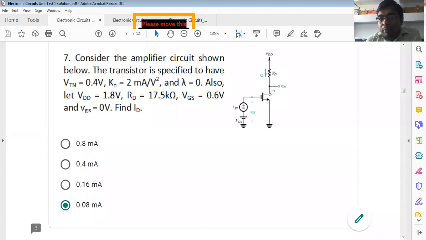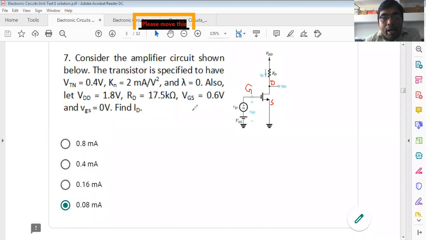This is the common source amplifier, because this is your gate terminal, this is your drain, and this is your source terminal. The source is common to the input side as well as the output side. So this is nothing but a common source amplifier.